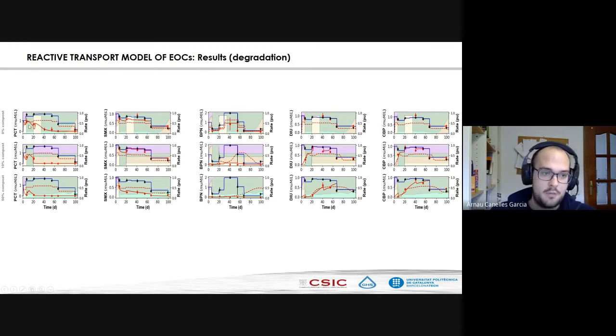And as we can see now, the fitting of the data is much better than before. We see that the effect of the addition of compost is significant compared to the previous model. But it can also be seen that for the BP3 or BPN, when including the kinetic sorption from before and the degradation from now, the fitting is much better.